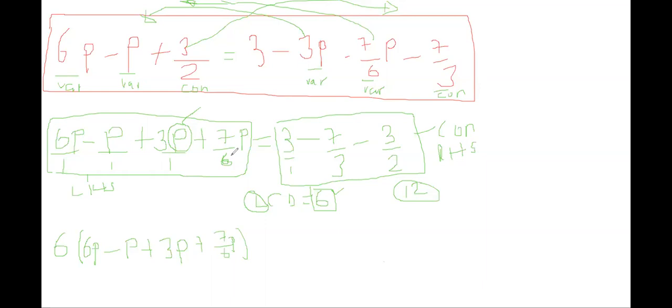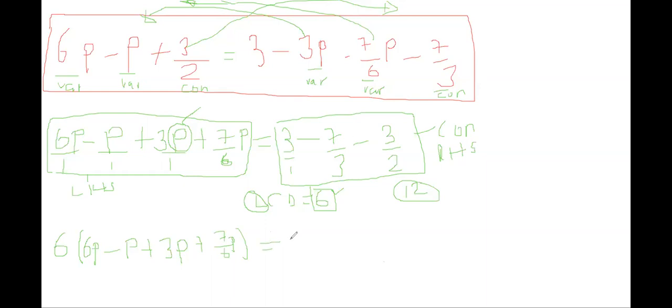And the goal, why are we doing that, is to make sure that we get rid of these fractions or denominators. And we choose 6 instead of 12 because this is the lowest one. So we go on.